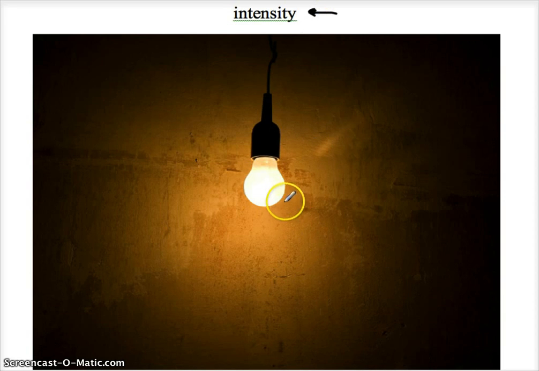So a 100-watt bulb would have brighter intensity than a 60-watt bulb, just like a louder sound would have more intensity than a softer sound. The intensity, as far as light is concerned, is the number of photons that pass through a certain area of space.